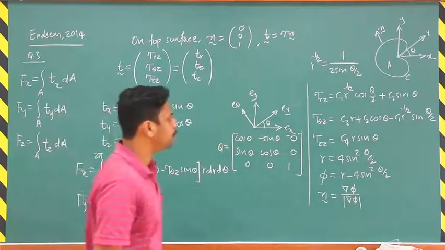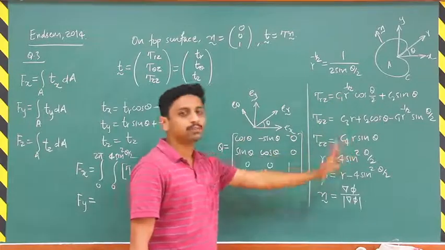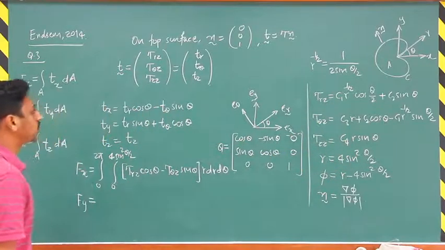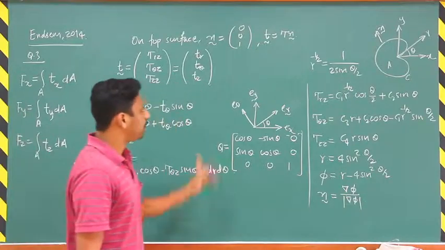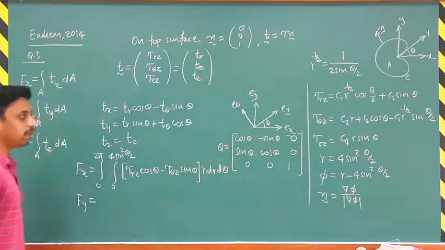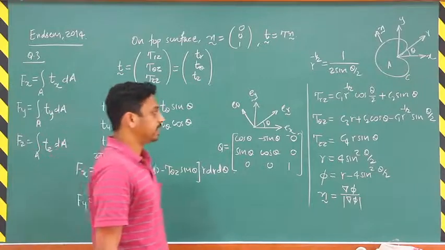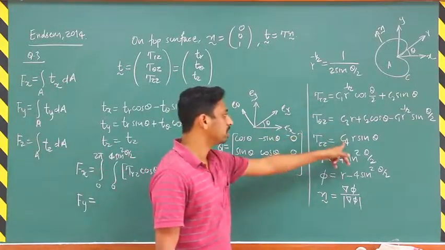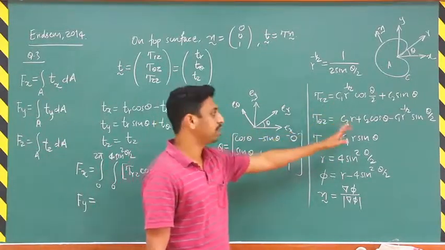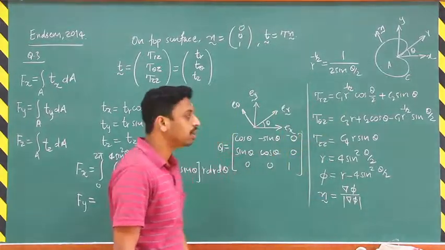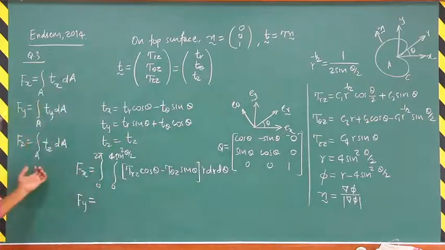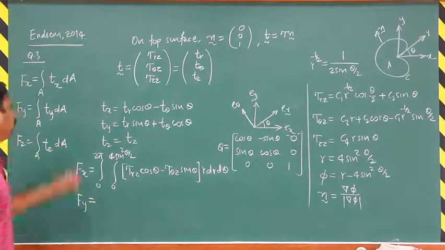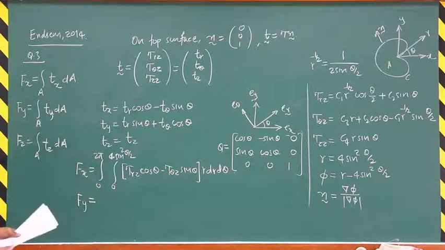Then we are left with only two constants, C1 and C4, and to find those two constants we have used boundary conditions in terms of torque T being applied about the z-axis and moment M being applied about the x-axis. So once you have got the constants, you can put them back and check whether your traction boundary conditions are satisfied or not, and after that, if we are asked for the post-processing part like this, we can make use of this stress field to find the net force along x, y and z direction.